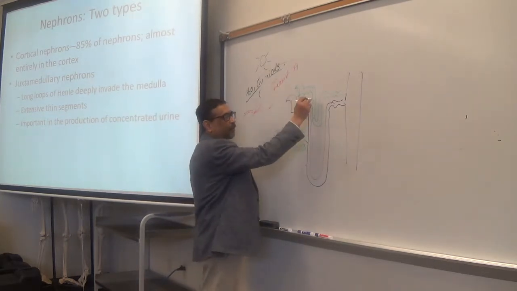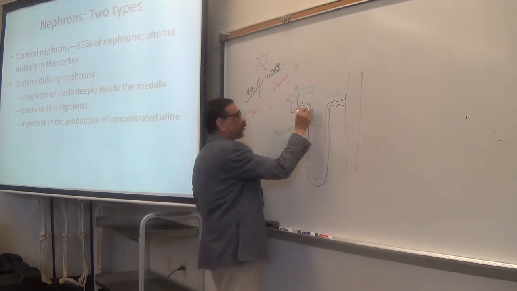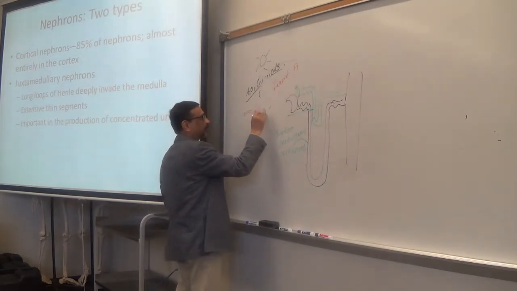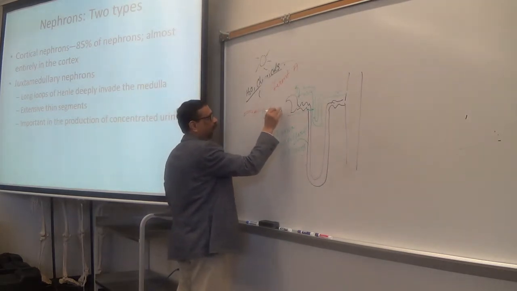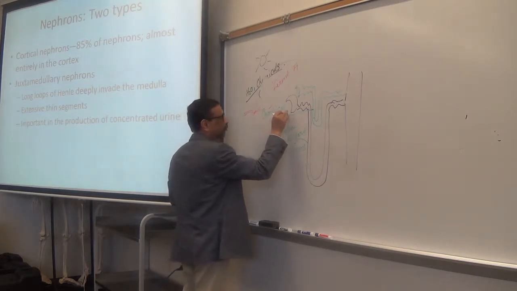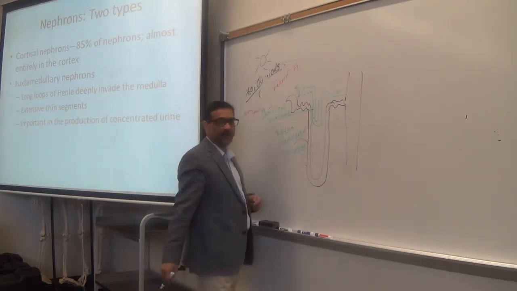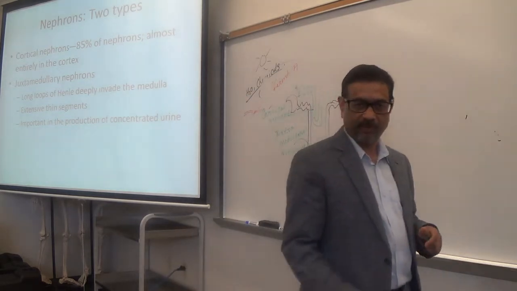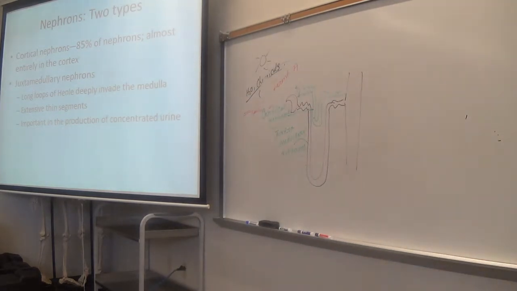And short looped nephrons are called cortical nephrons. So those are two types of nephrons present in the human kidney.